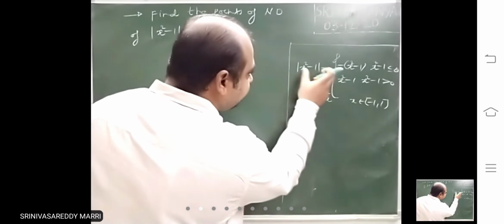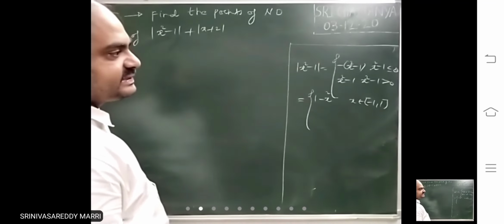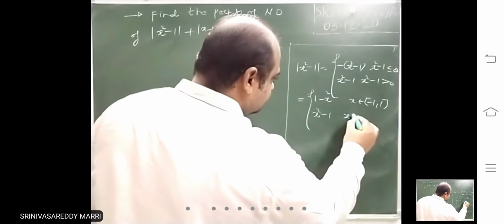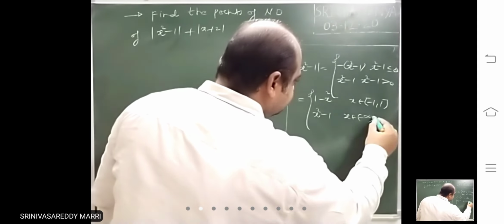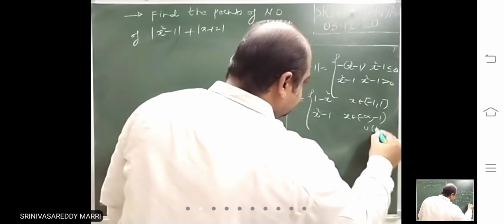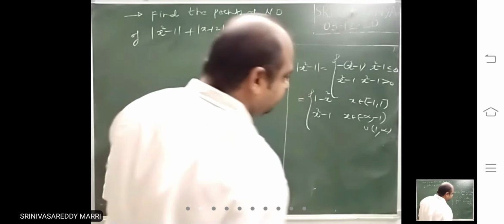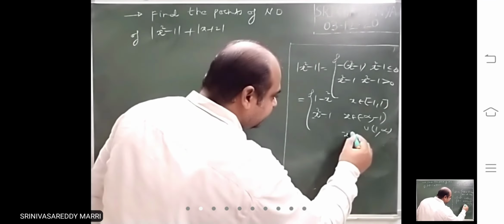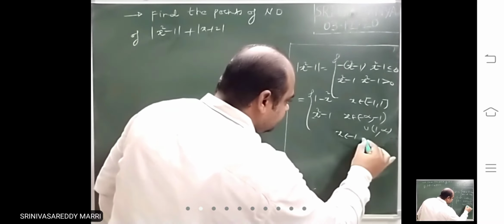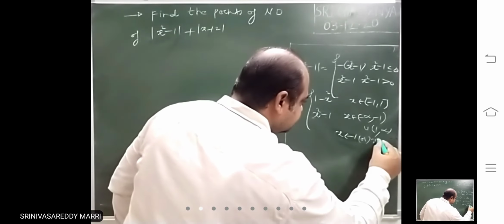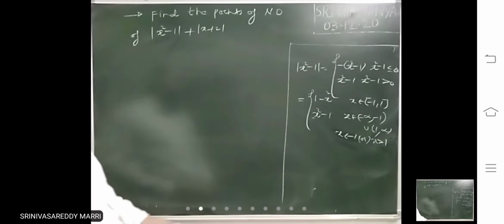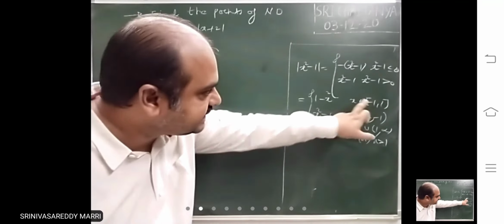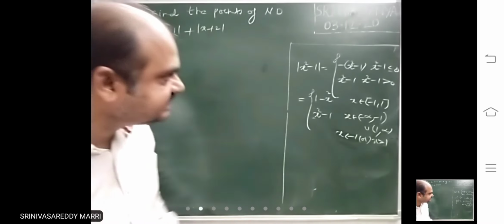In this interval it will have the definition 1 minus x square. Next, minus infinity comma minus 1 union 1 to infinity. In this interval it will have the definition x square minus 1. That means you can write this also like this, x less than minus 1 or x greater than 1. This is how to open the modulus. So in this interval this is the definition, in this interval this is the definition.